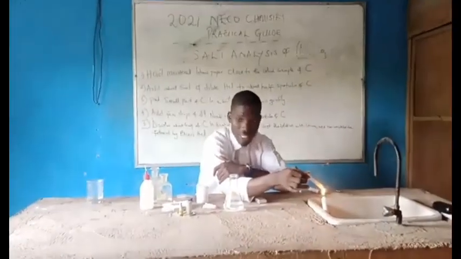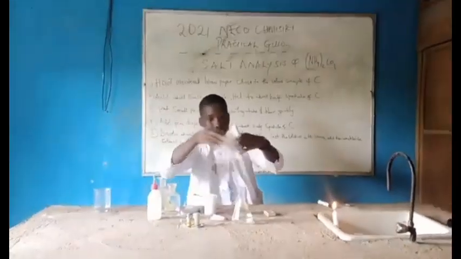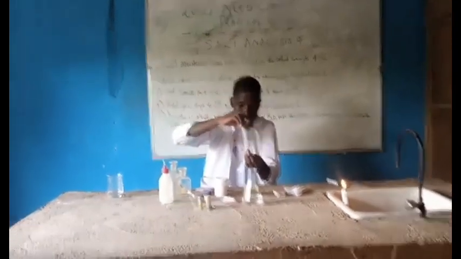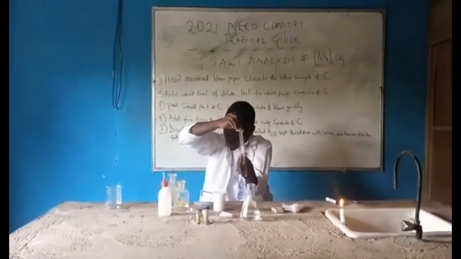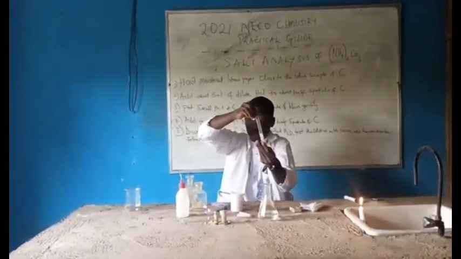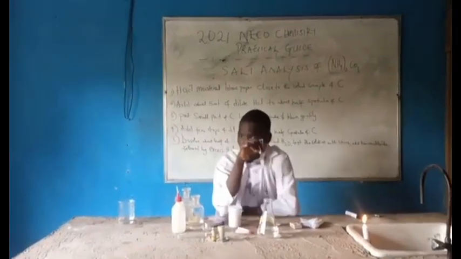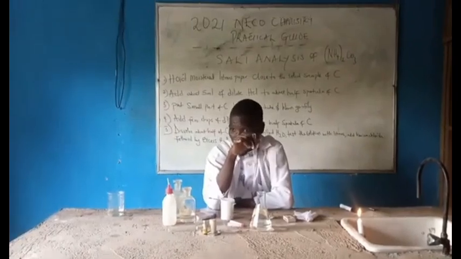So when we heat it now, let me use my tissue to remove the black. Class, what do you observe? You can see that. Is this not white? Yes. So white precipitate, right?